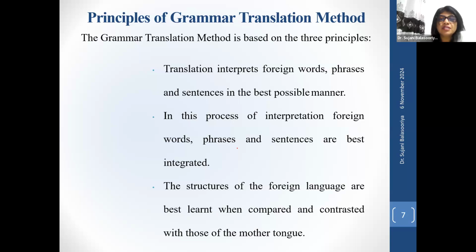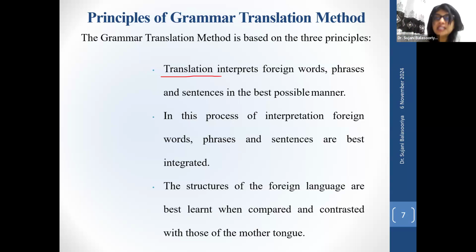Translation interprets foreign words, phrases, sentences in the best possible manner. Because, you know, in GTM, the teacher uses translation. So translation activities are used with the assumption that translation interprets foreign words.